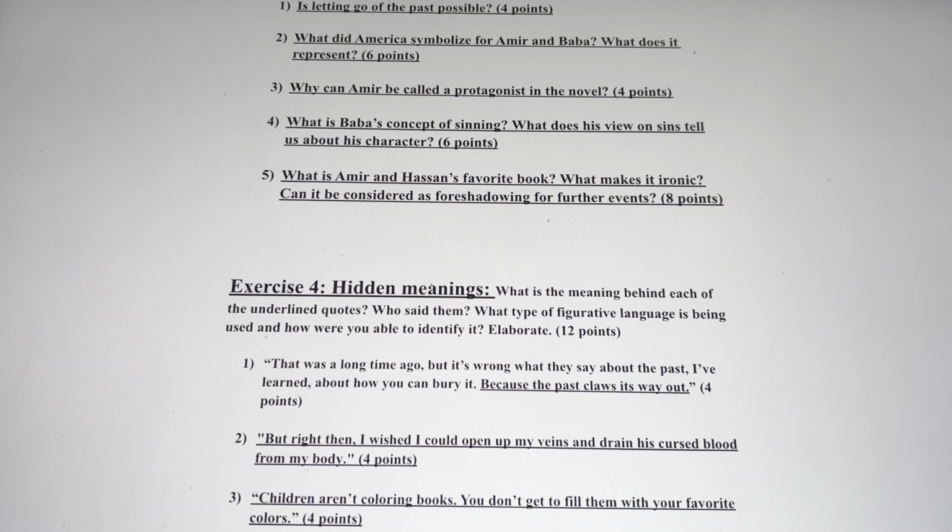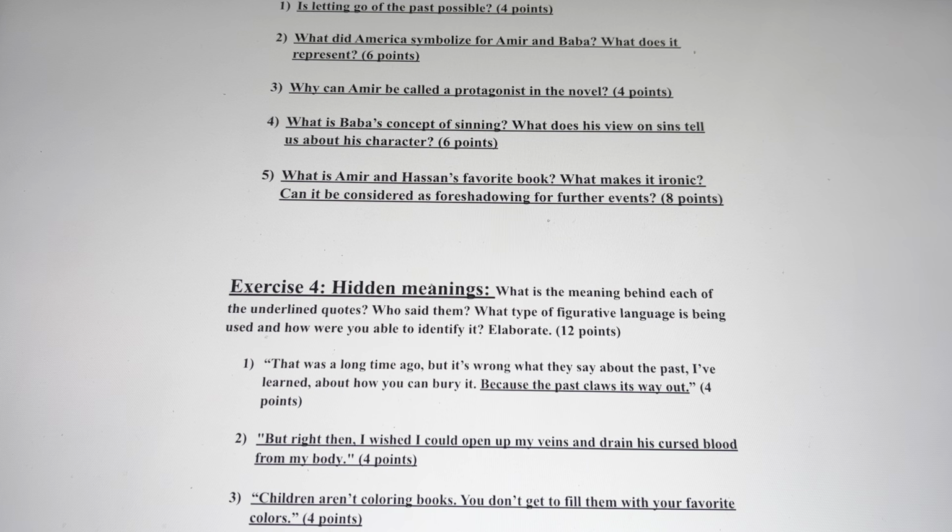So basically everything for him is theft in different shapes and forms. What does his view on sins tell us about his character? So it shows us how untraditional and unconventional Baba can be at times, and how he views things in such a different way. And it actually shows that he's kind of a smart man in the way he thinks, and he is unique. So it does show how untraditional he is and how abstract his ideas may be.